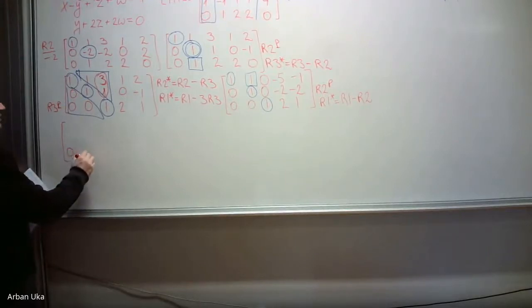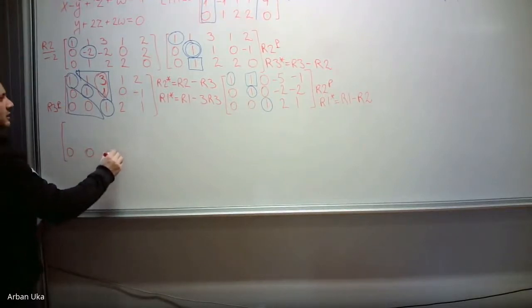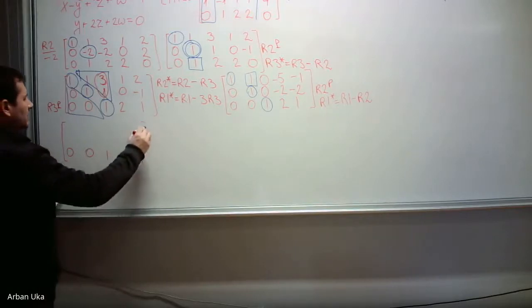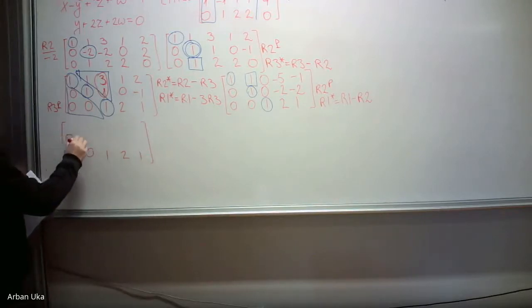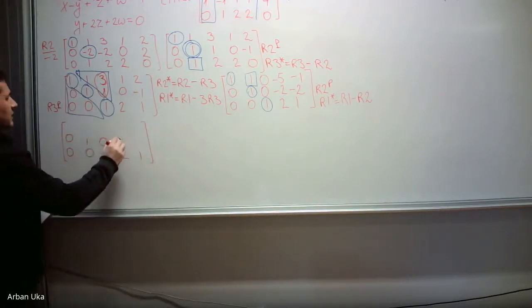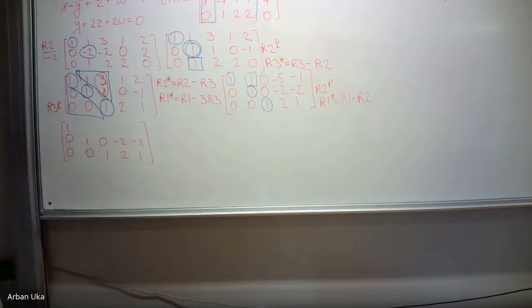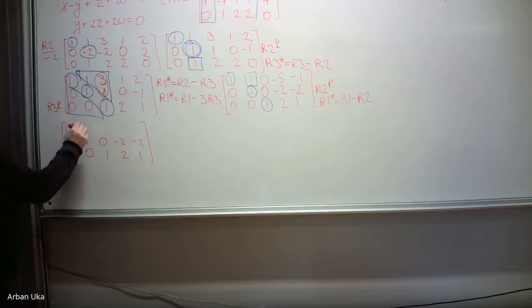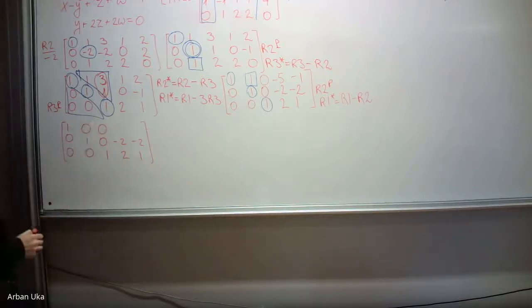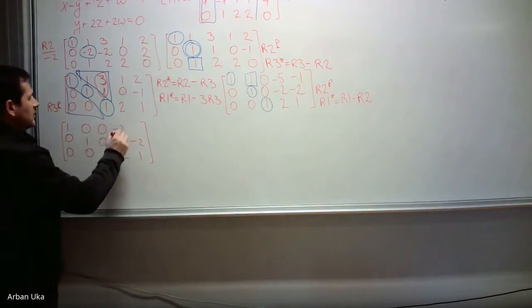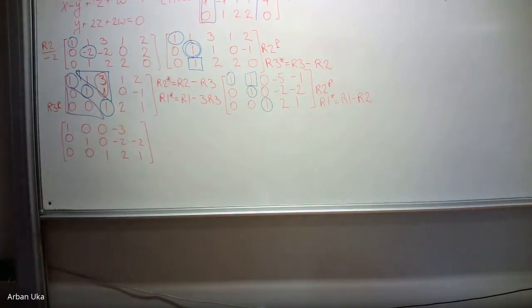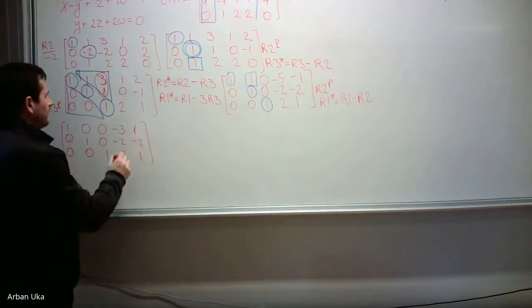This is 0, 0, 1, 2, 1. We get 0, 1, 0, minus 2, minus 2, 1. Then we are subtracting those. We get 1 minus 1, 0, 0, minus 5 minus minus 2, we get minus 3. And then we have minus 2. This is equal to 1.